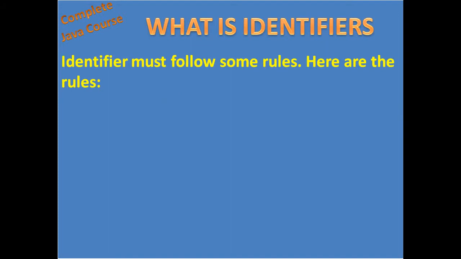Identifiers must follow some rules. Here are the rules. Before defining an identifier, we should learn what the rules for defining identifiers are. So let's understand the rules for defining identifiers in Java.